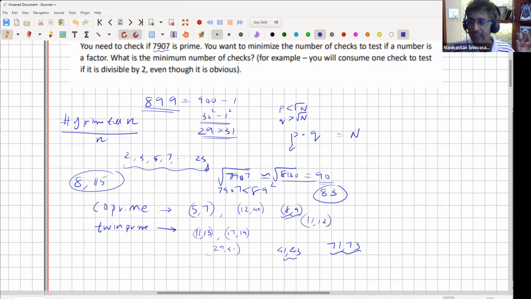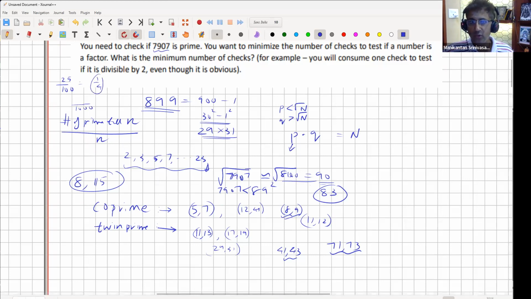For 100 the fraction was 1/4 because we saw 25 primes till 100, right? For 1000 the fraction will become even smaller. You won't have 1/4, you'll have much less. Maybe 1/5, someone has to look it up. So the fraction will get smaller and smaller. Maybe there are 200 primes less than 1000.